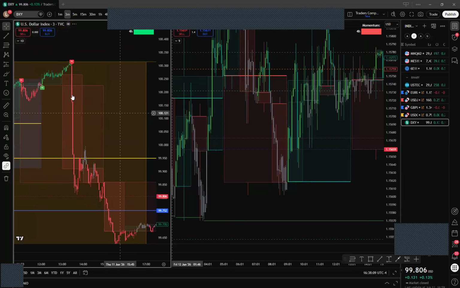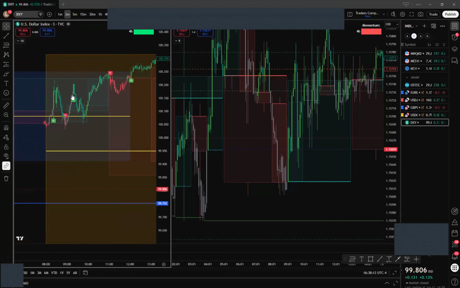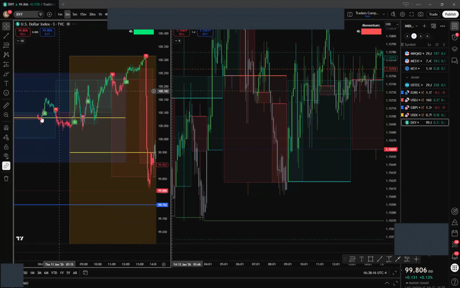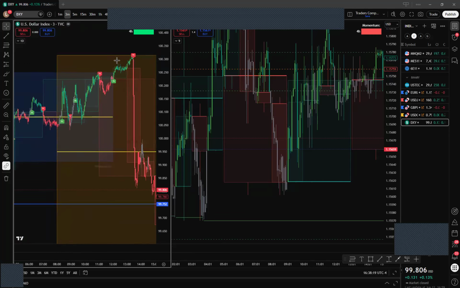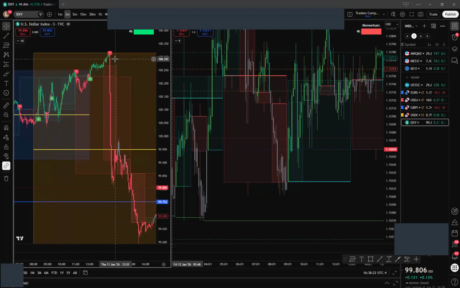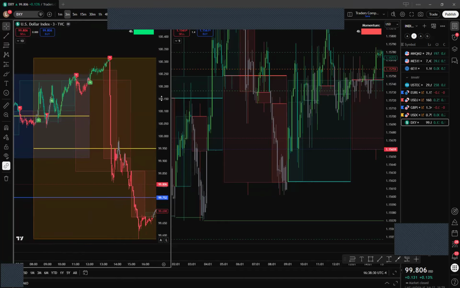This was the one, it hit the 100 level and it dropped, and the drop was going to be hard, because for it to go from 99, which it typically does, to the 100, it was waiting for a drop. Now, obviously, if you don't know how powerful the dollar index is, then you wouldn't really be aware that this is overbought kind of territory.